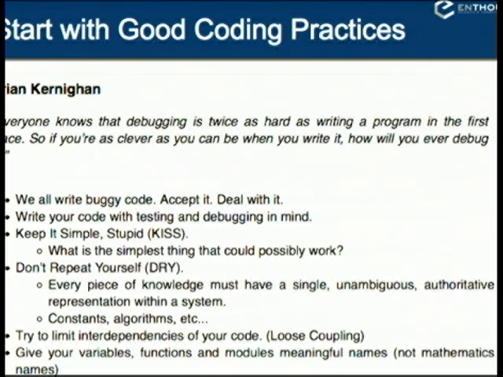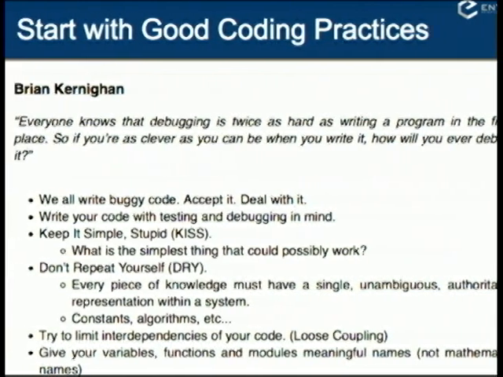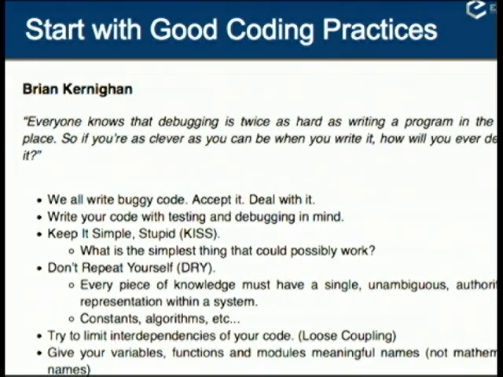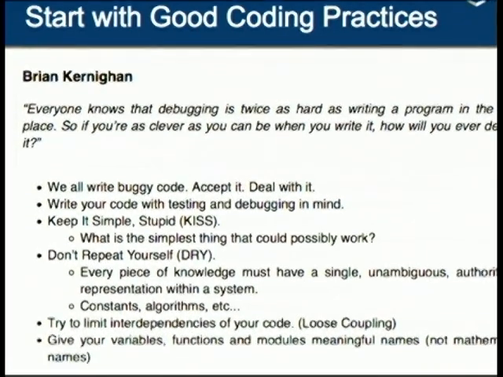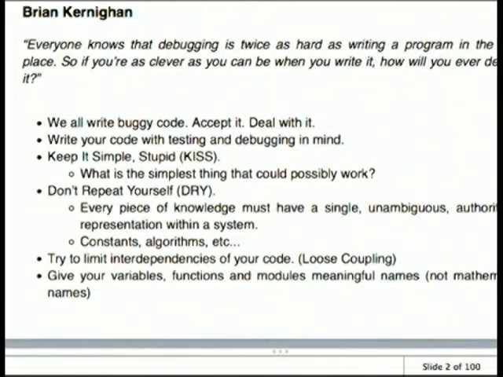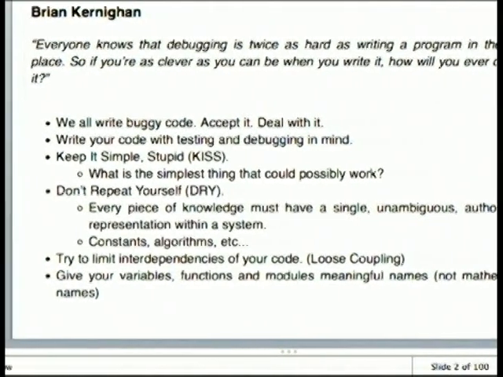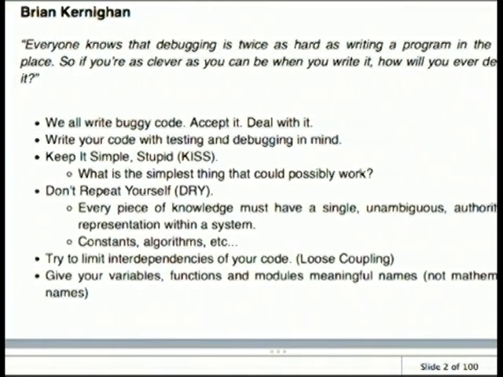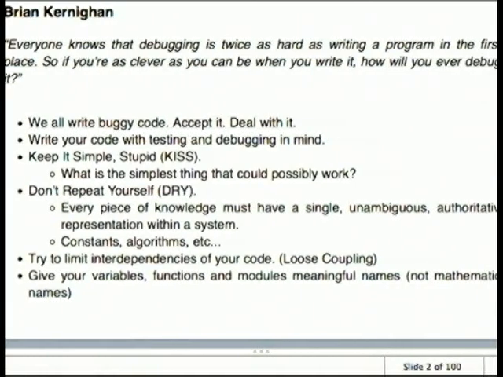So, how do we optimize for the developer's time? Well, we start with good coding practices. We make sure that we're using the best practices we can, so that we're not wasting our development time on things that can be caught way ahead of time, just because we're lazy or because we were programming in anger. You may have heard that term before.